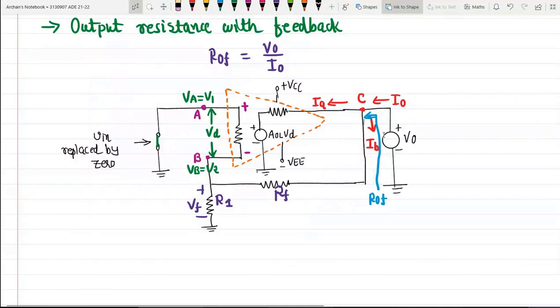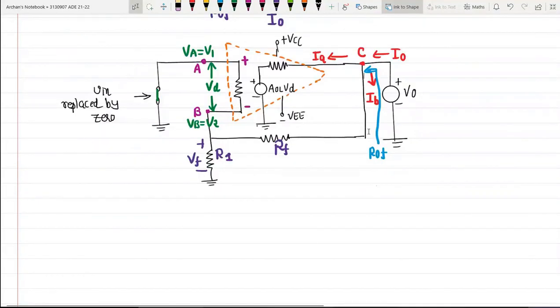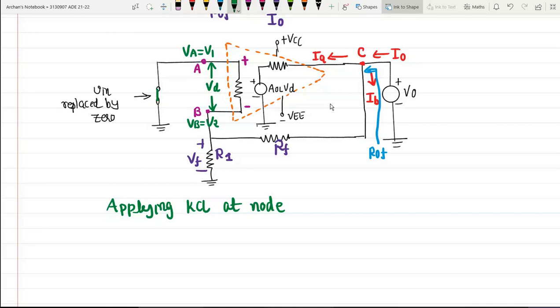To find the unknown voltage, we apply KCL at node C. Remember, KCL is applied when you want to find unknown voltages, and KVL can be applied when you want to find unknown currents. Application of KCL at node C gives us the equation IA plus IB is equal to I0.